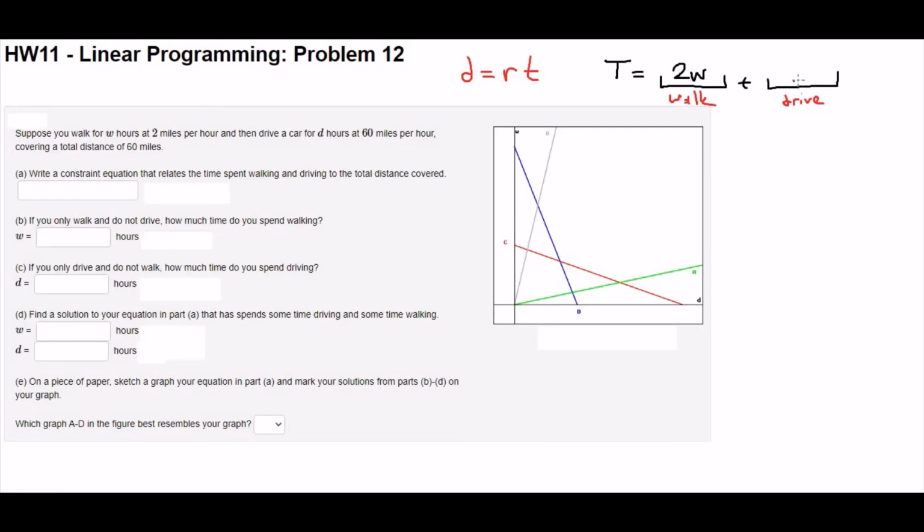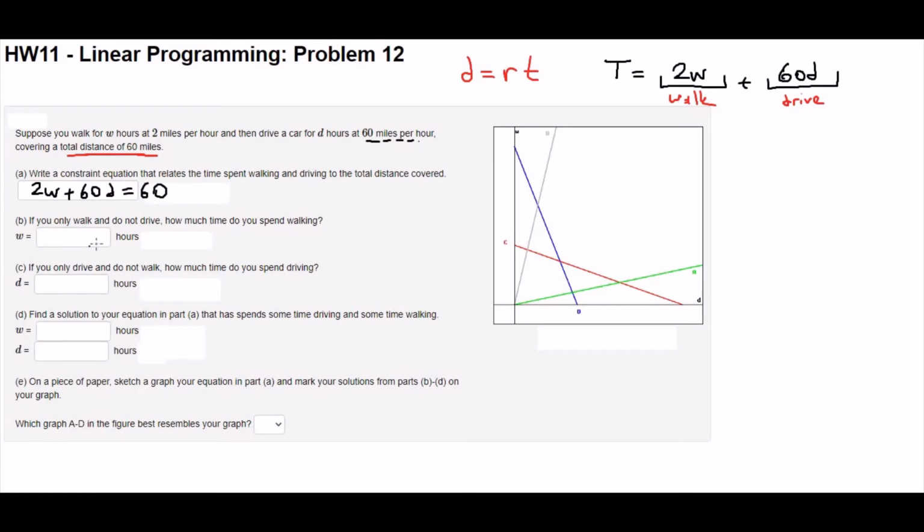For the drive equation, we're going to write 60d. 60 is the rate of driving, 60 miles per hour, and d is the total hours. And here our t is 60. It is given in the problem because total distance is 60 miles. So our constraint equation will be 2w plus 60d is equal to 60.